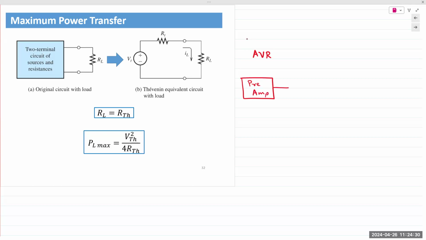The output of a preamp is connected to the main amplifier stage. And the output of the amplifier stage is connected to a speaker.